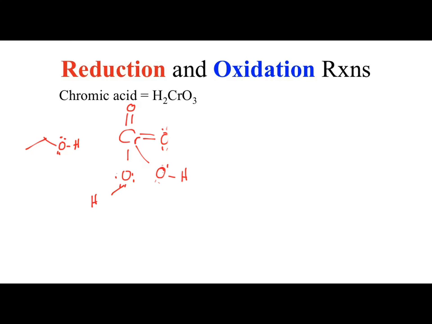We're allowed to do that because chromium is special. Why is it special? Where is it in the periodic table? It's in the middle. We're looking at the transition metals. It's large enough that we can deal with their d orbitals, and we can end up expanding the octets of those atoms. Okay? So what can you tell me about that chromium atom?